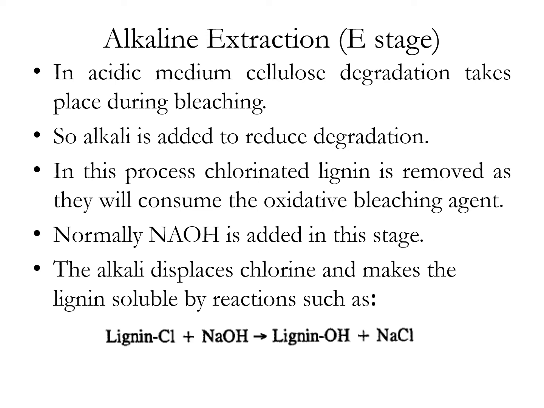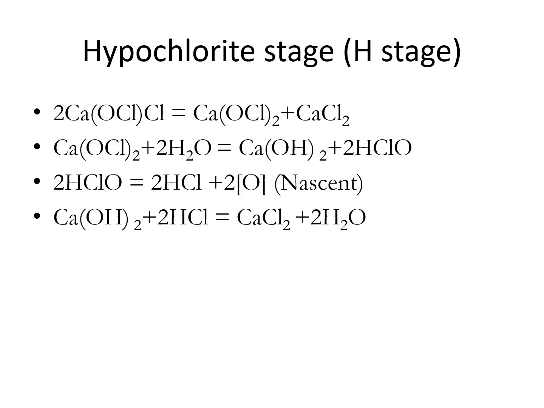The lignin in this E stage effluent gives a dark color that is ultimately responsible for the dark color of the final mill effluent. Recently oxygen gas is being incorporated for better results, which is where the term EO comes from actually.